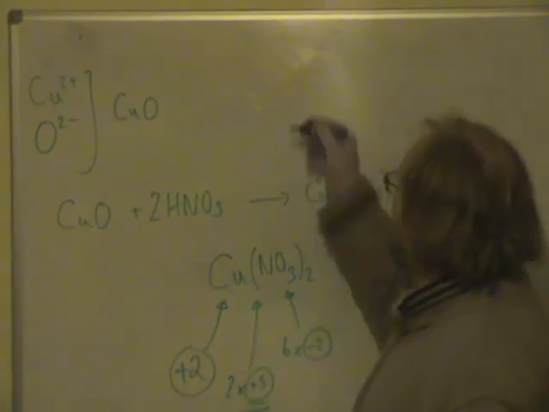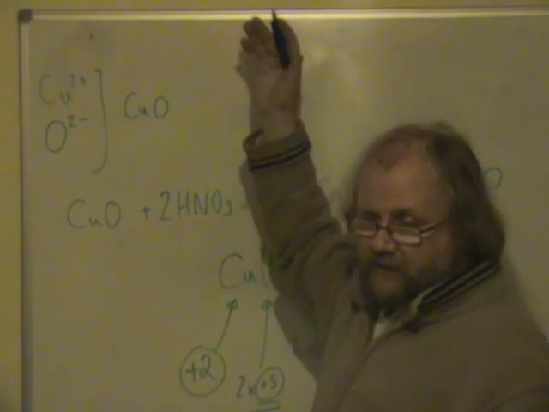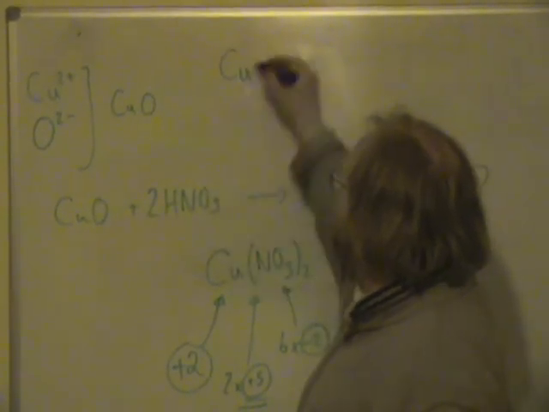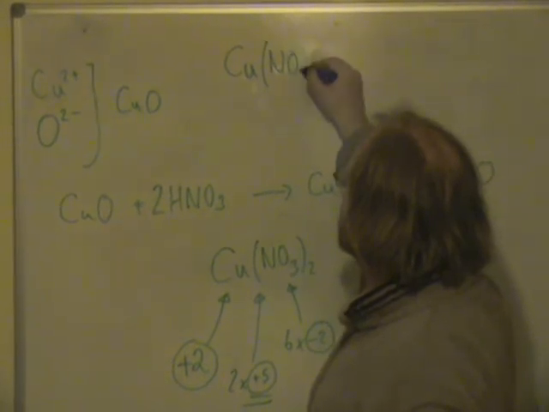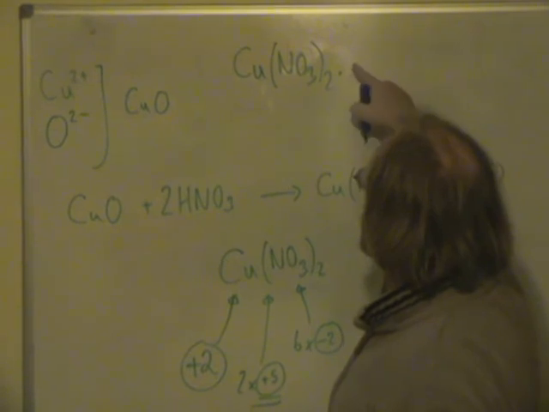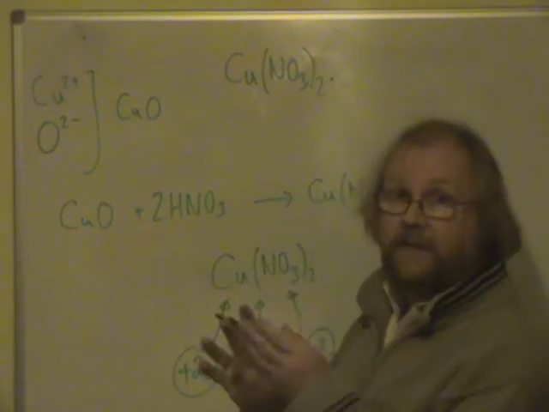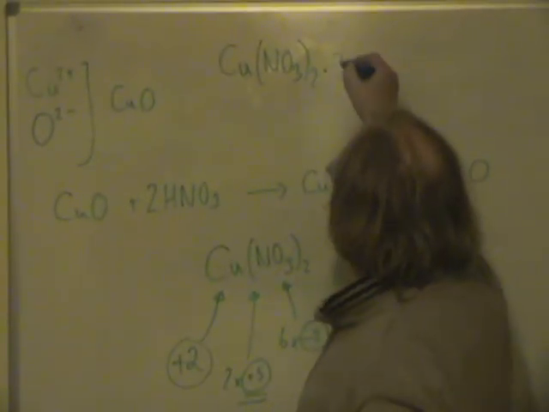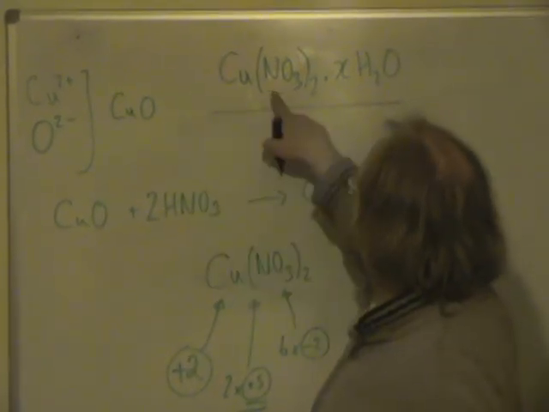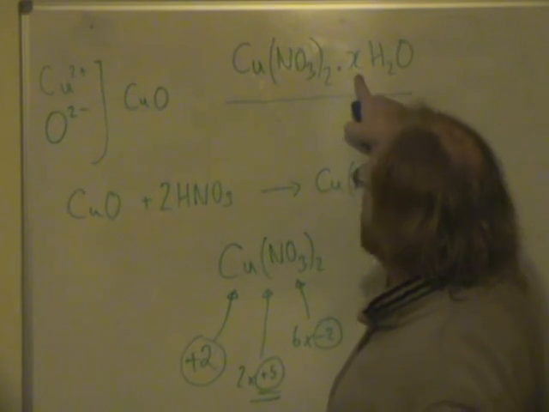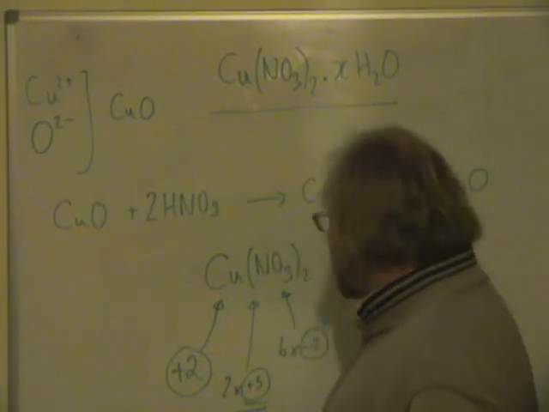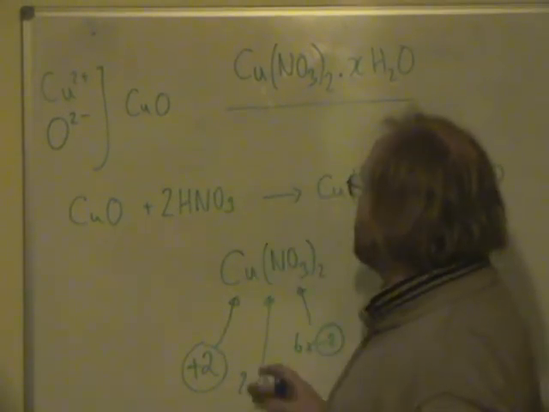Any ionic compound could, when it crystallizes out, potentially bring waters with it out of the solution. So the idea is that copper nitrate, when it crystallizes, actually brings waters out of the solution, and they form part of the crystal, and so it forms crystals which have that formula, copper nitrate dot X number of water molecules.